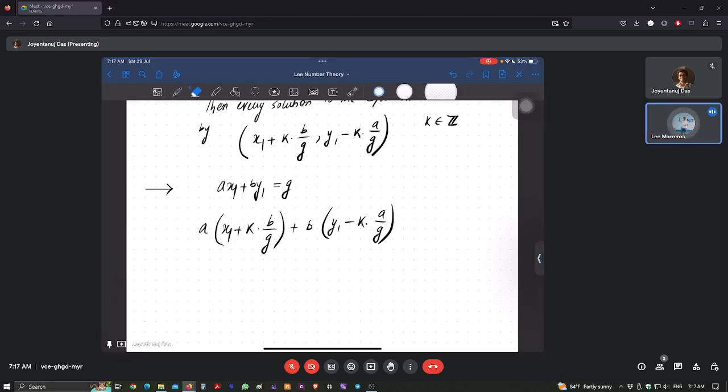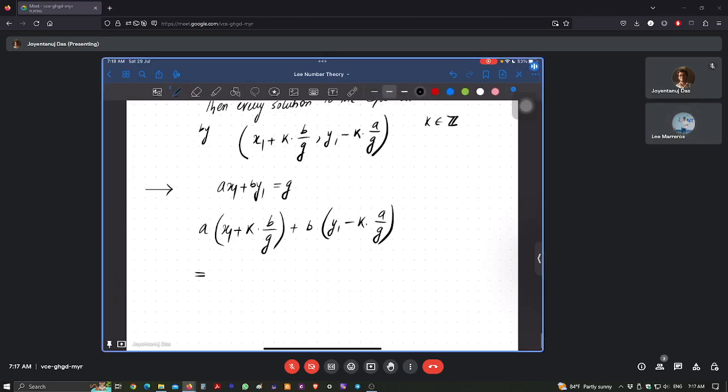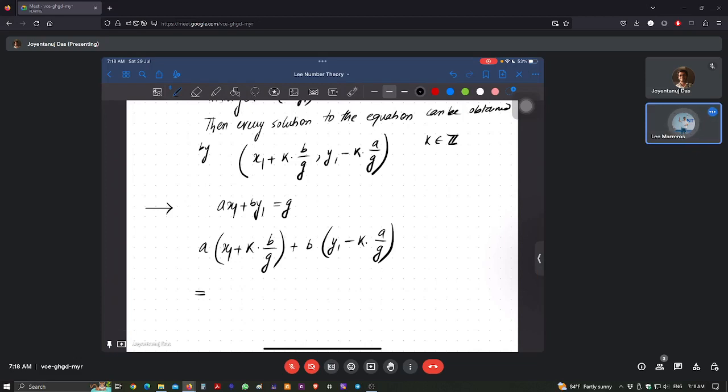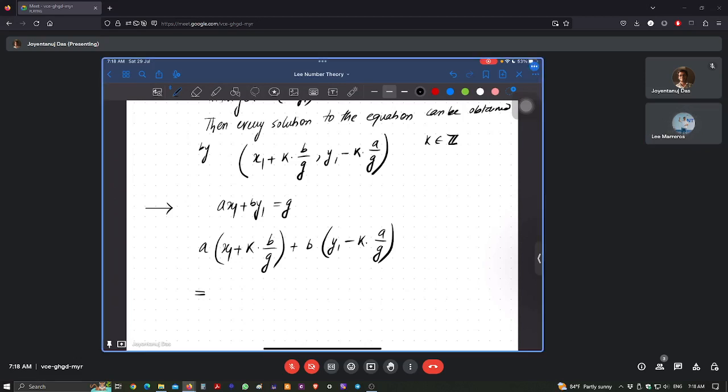We have to verify that this works for any integer value of k.